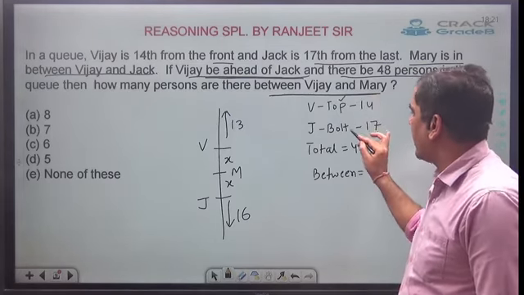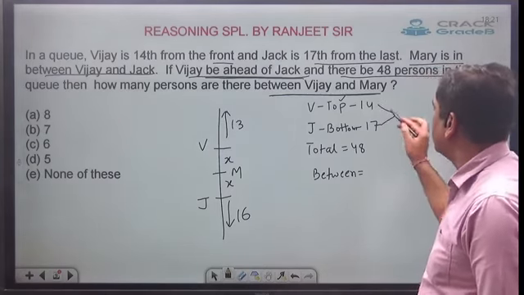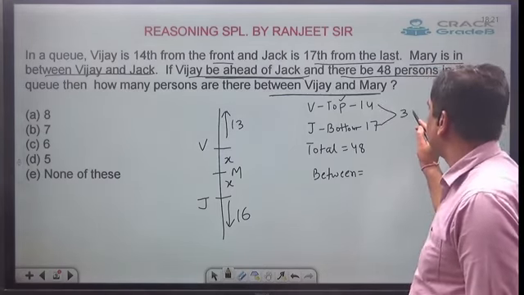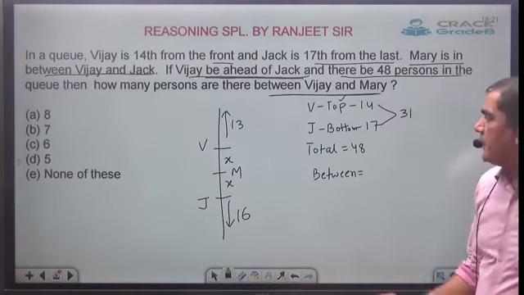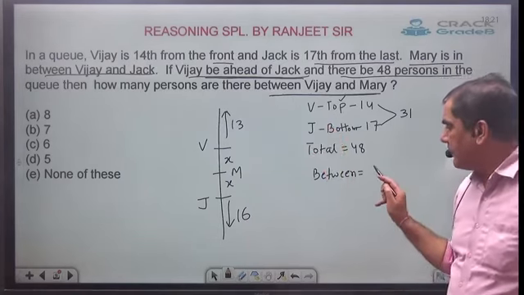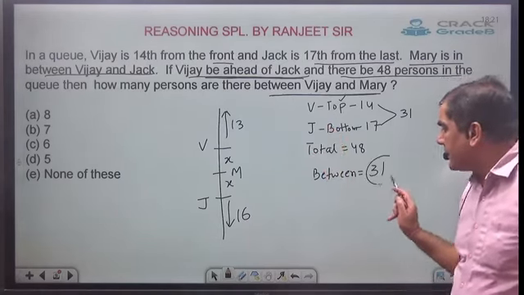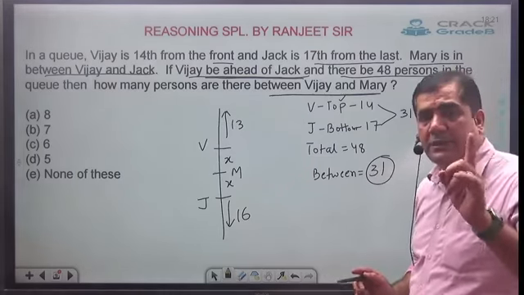One is given from top, one is given from bottom, so simply add these two numbers, comes out to be 31. It means there are 31 persons between Vijay and Jack. 31 is an odd number, which means the answer is possible.